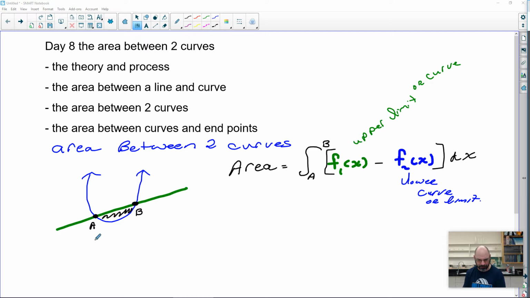So let's do an example of area, let's say a line and a quadratic.